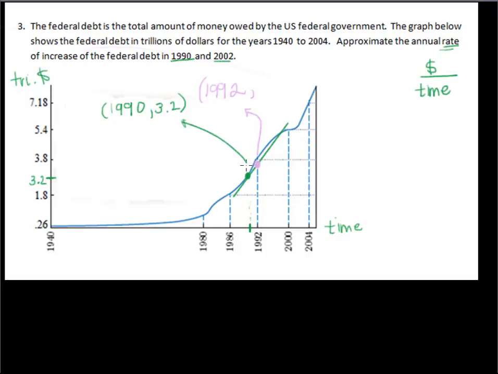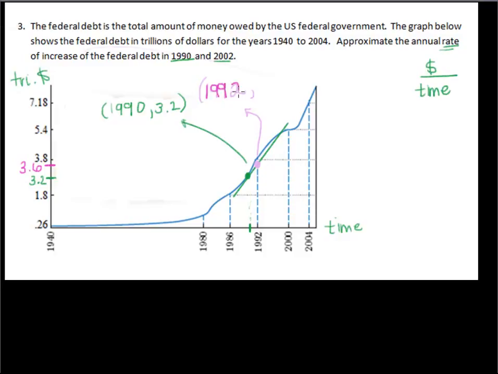And then I'm going to come over and estimate that at 1992, it was maybe right about here. Let's just estimate that that point right there is maybe 3.6. This is going to look different than what I did on the actual solutions because I'm estimating a little bit differently, but we should get something pretty close.